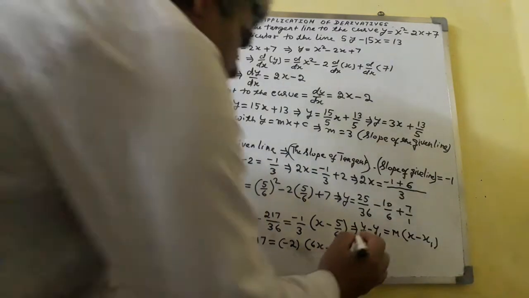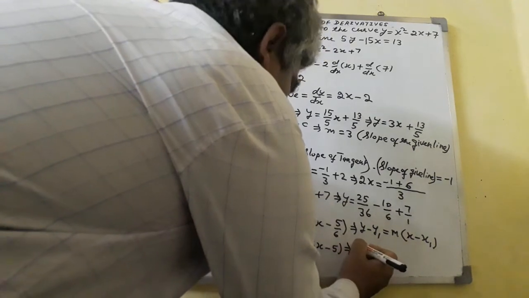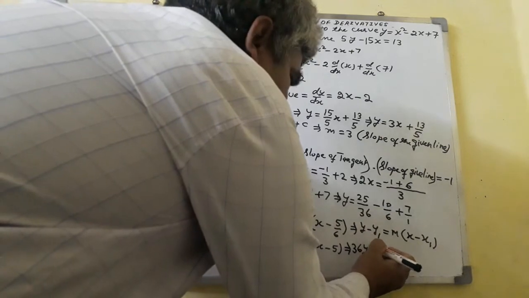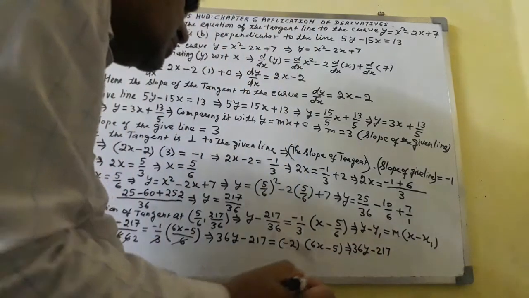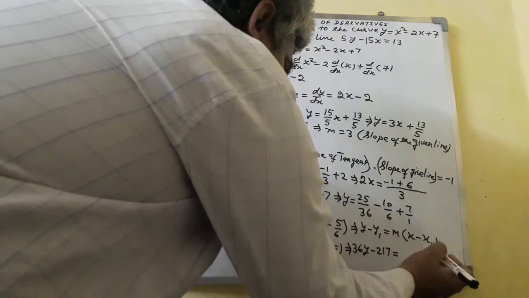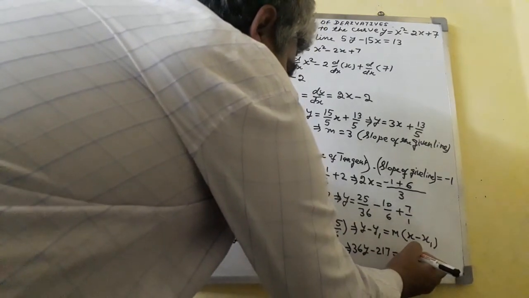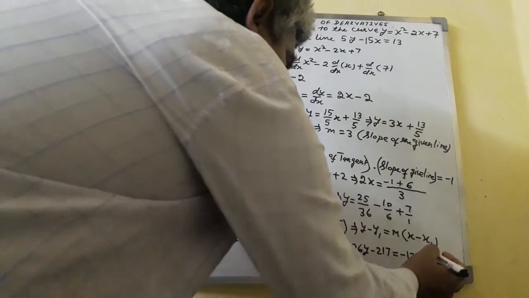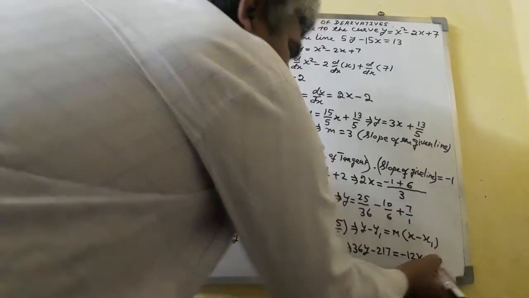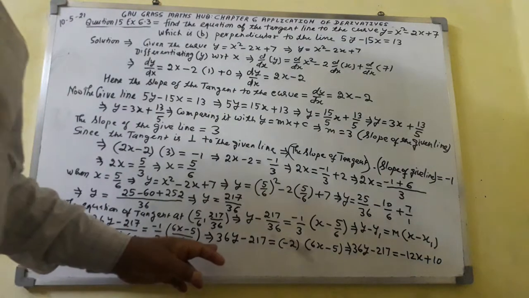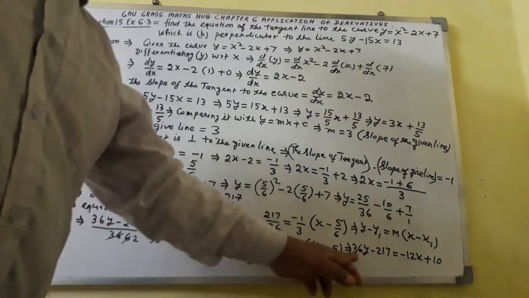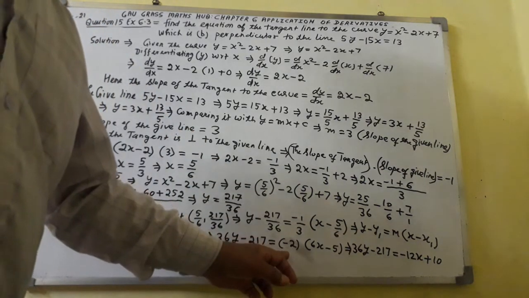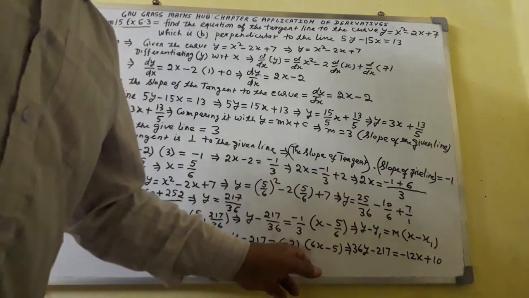Now simplify this one. 36y minus 217 equal to minus 12x plus 10. 36y minus 217 equal to minus 12x plus 10.